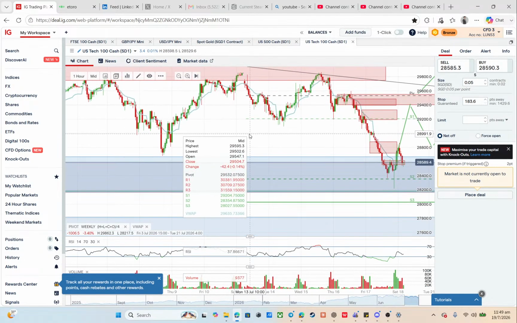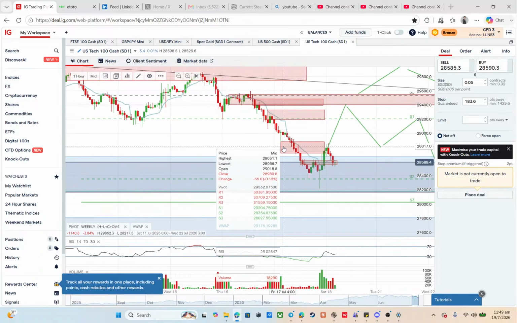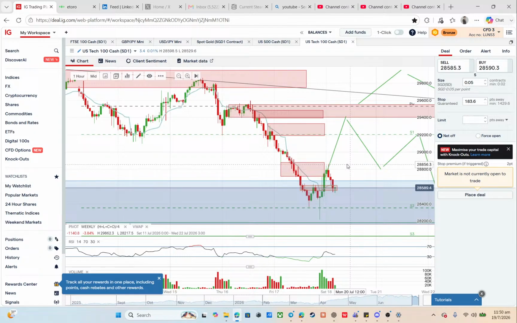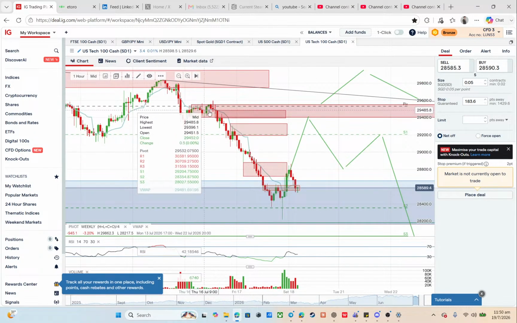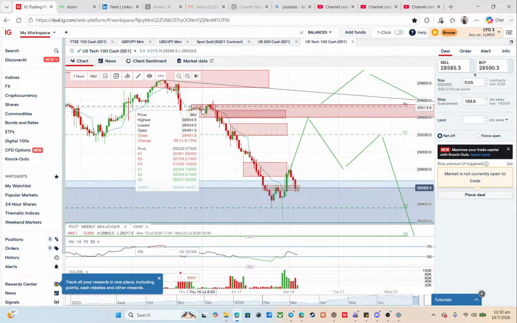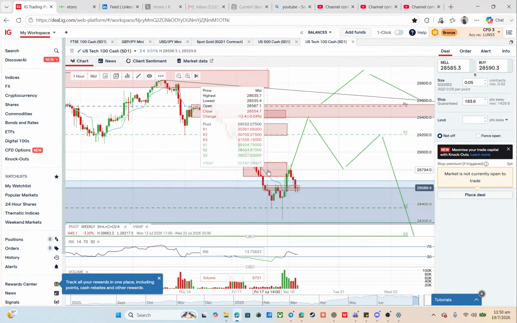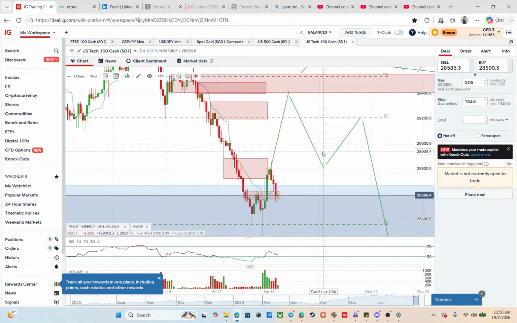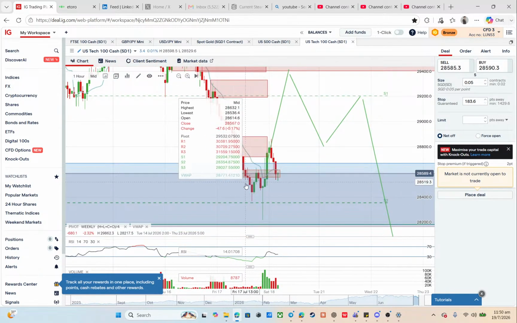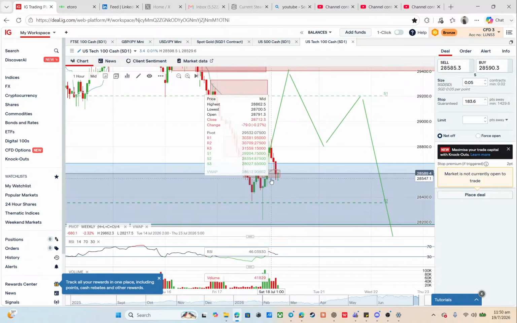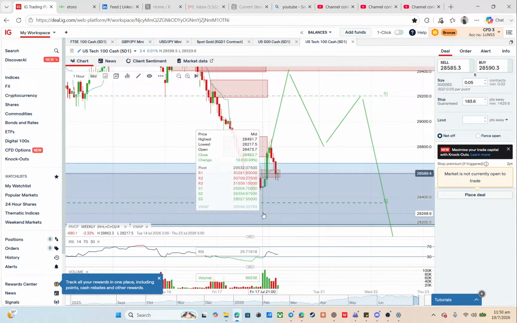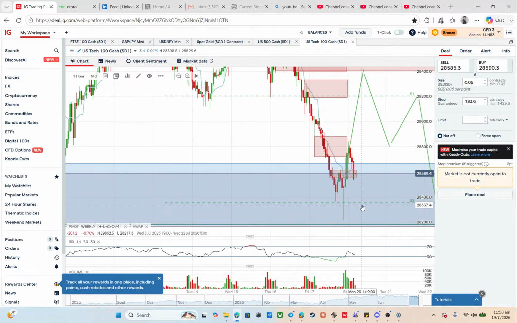Use the 1 hour time frame to really showcase the sell zone and the buy zone. On the 4 hours time frame, the red box is here, and then on the 1 hour time frame we have 1, 2, 3, 4 sell zones. You can see that initially we went all the way down, and I put it here on the 1 hour time frame, came back down to here, because this blue box is the buy zone, right?